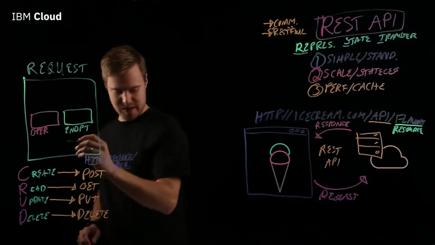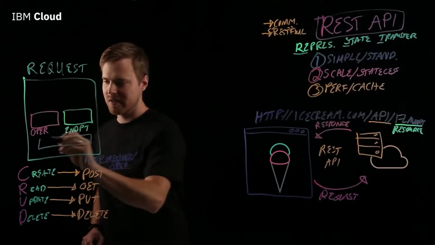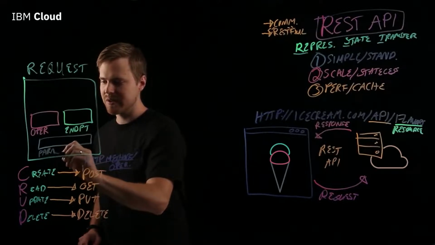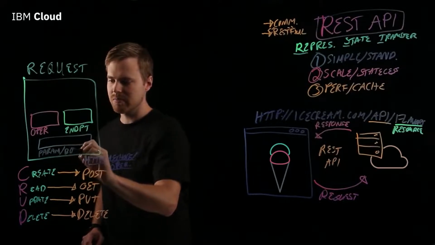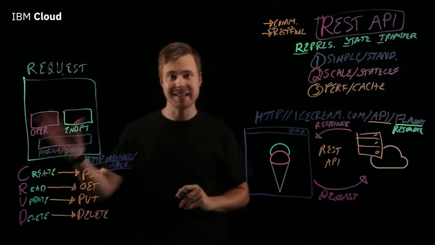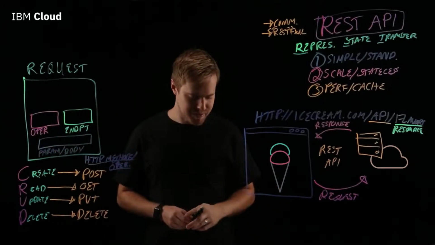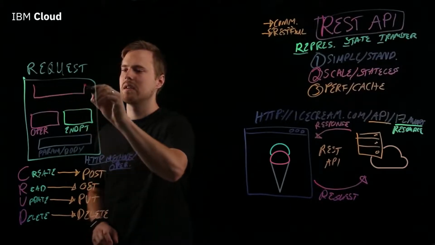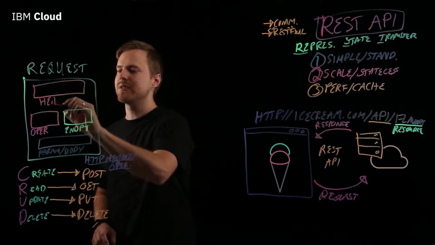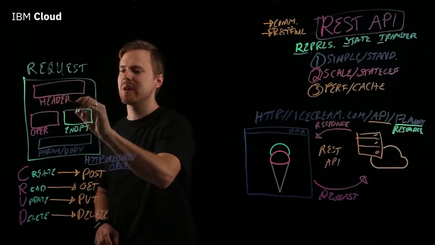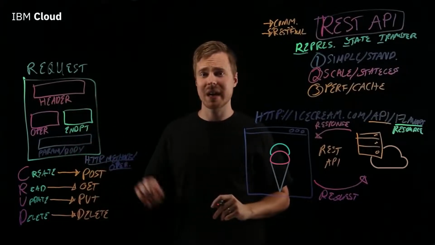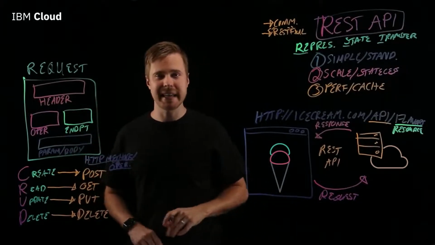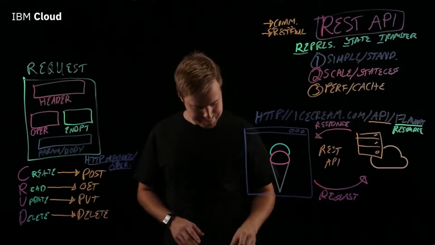And then you might also have parameters or body, which is some data that you might send in the request, and we'll see some examples in a moment. And finally are the headers. So this is a special part of a REST API request, which might have things like an API key or some authentication data.